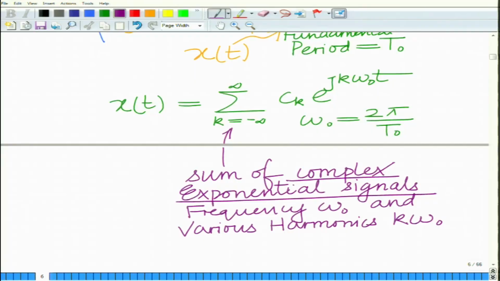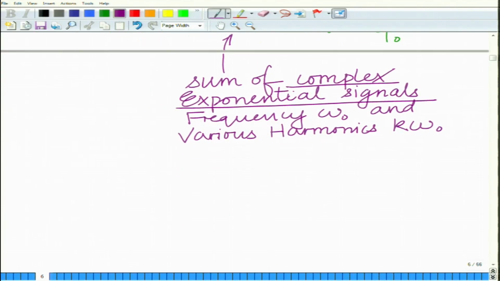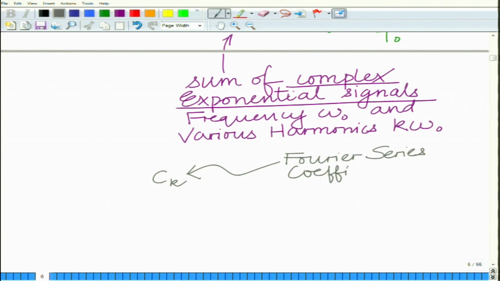Now, these C k's are the Fourier series coefficients, the Fourier coefficients, corresponding to the harmonic e raised to j k omega naught.